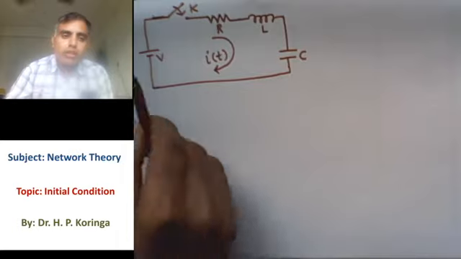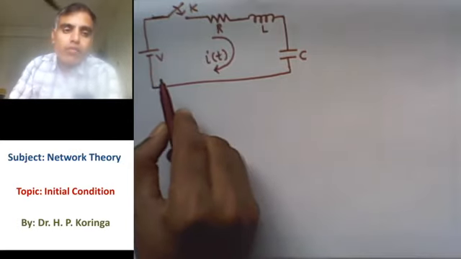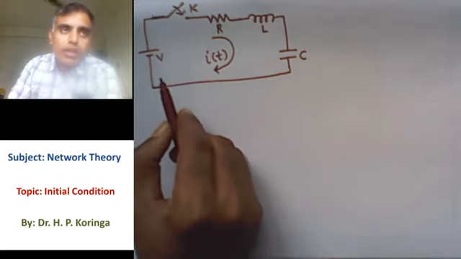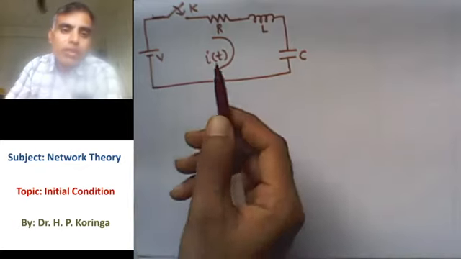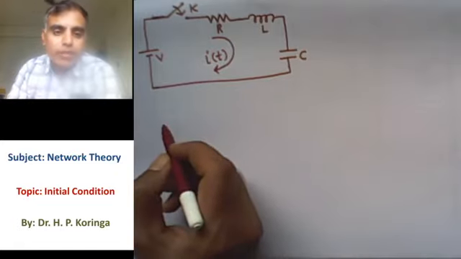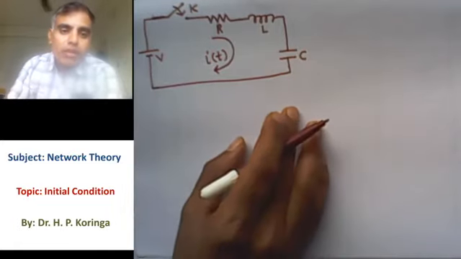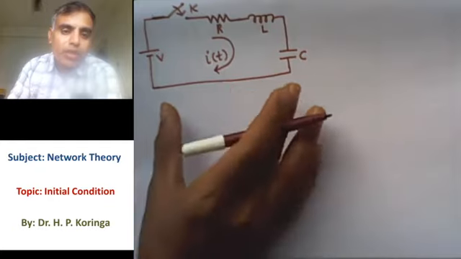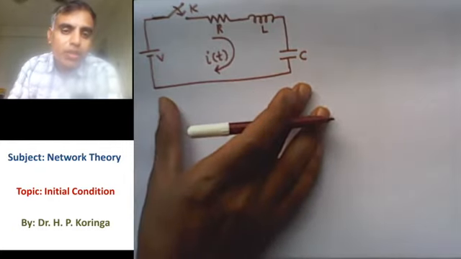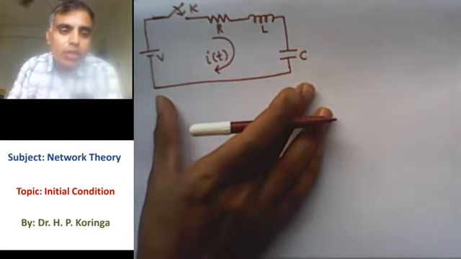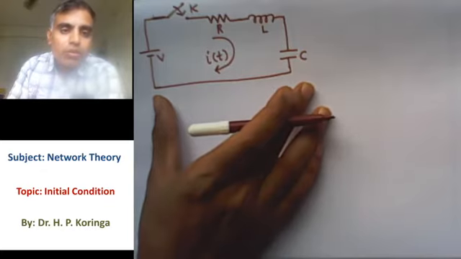And to solve the second order differential equation, we require two initial conditions, I of 0 plus and dI of 0 plus by dt. Then we can solve for I of t, right? Here we are not solving for I of t, but in this chapter our interest is to find the initial conditions from this network.